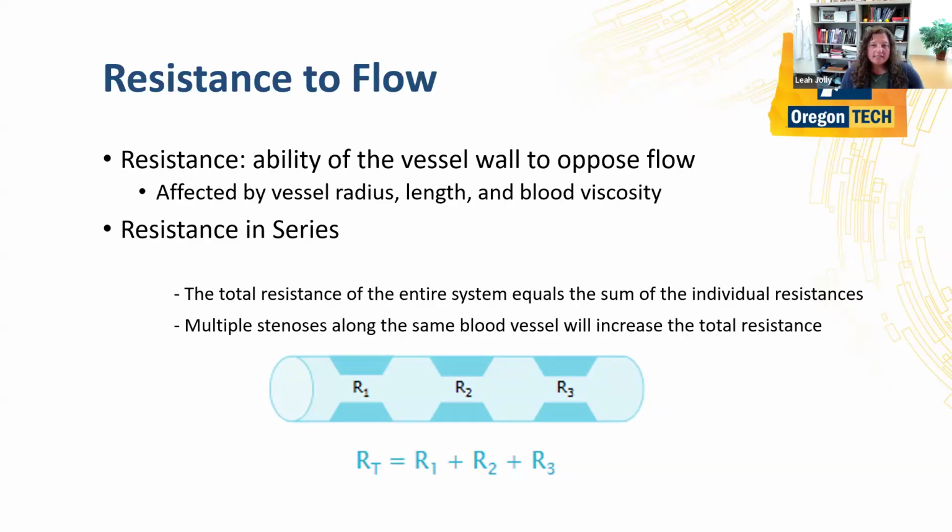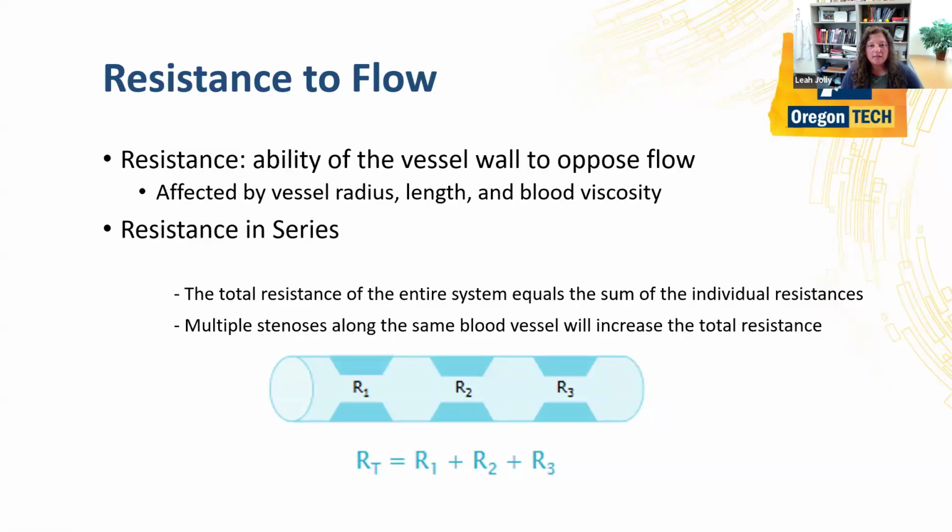So there's something called resistance in series, and we see this in patients where they have multiple stenoses along the same blood vessel. So we have a narrowing here, and then a fairly normal segment, and then another narrowing, back to normal, another narrowing. So what happens here is it actually increases the resistance moving through the vessel.